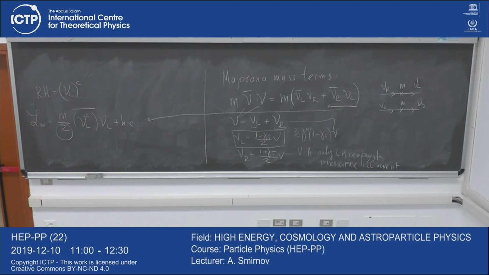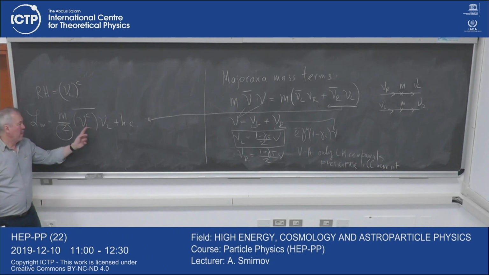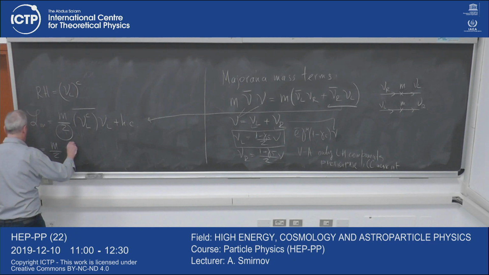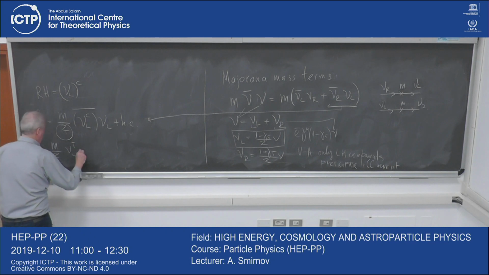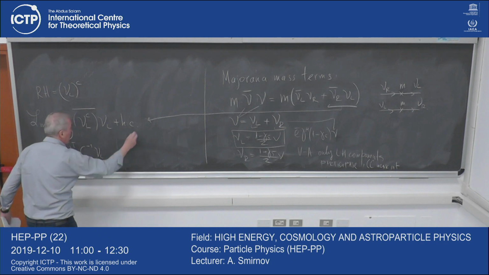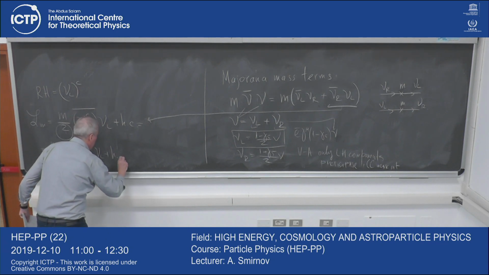The point is that you have the Lagrangian, then you write the equation of motion, then you differentiate over the field. But this term is the same as its conjugate, and therefore you will have a factor of 2 when you do differentiation. So to get correct normalization of mass in the equation of motion, you need to put here 1/2. So that can be rewritten as m/2 nu L transpose C^-1 nu L plus Hermitian conjugate.